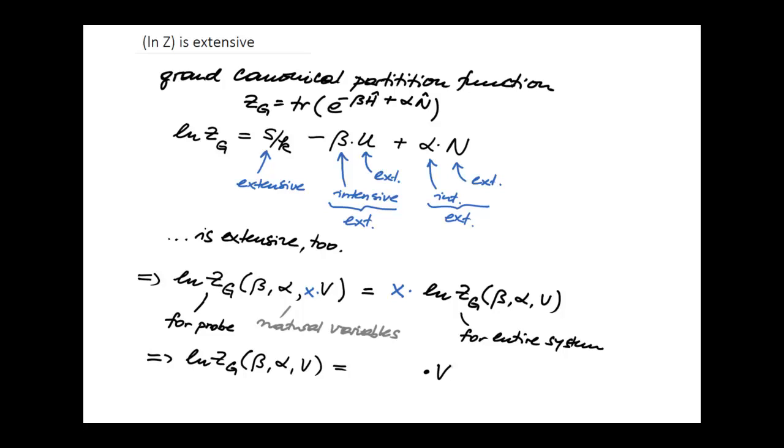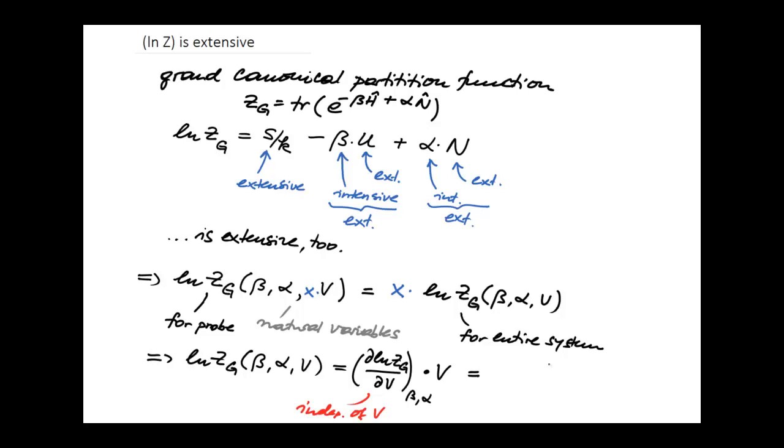And the proportionality factor must be the partial derivative of the log of the grand canonical partition function with respect to v at fixed beta and alpha, where this partial derivative then must no longer depend on the volume, must be independent of the volume.